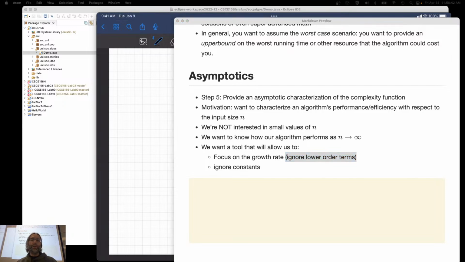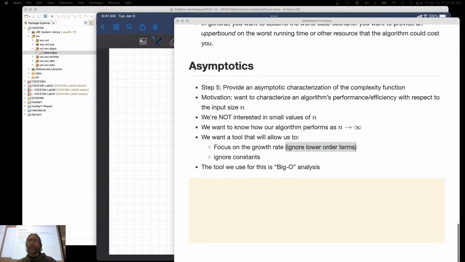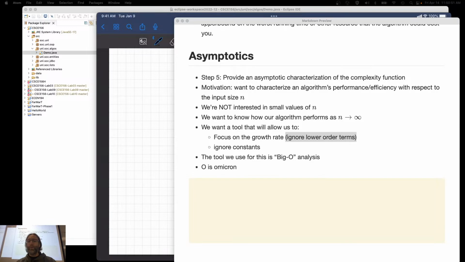And the tool that we use for this is big O analysis. Big O simply stands for Omicron. O is Omicron. Or here, let me show you what it looks like in LaTeX. There you go. And there is no LaTeX Omicron. I wonder, is there a lowercase Omicron? Let's find out.